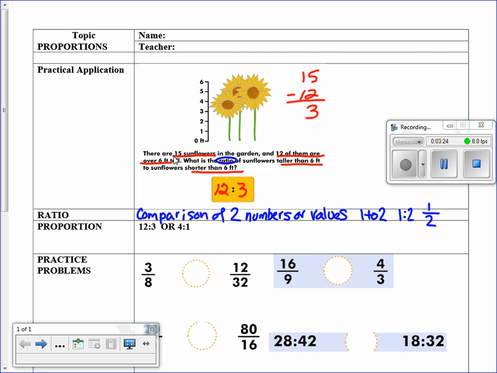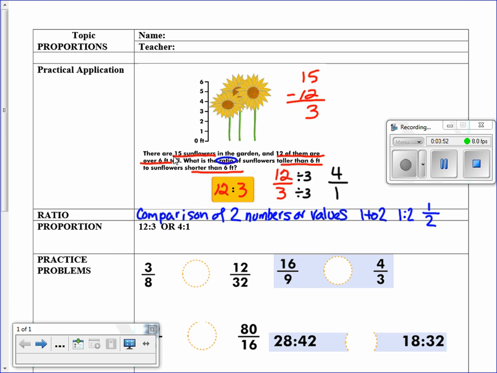But we don't want to leave our ratios that way, just like we normally don't leave our fractions without reducing them. So I'm going to rewrite my ratio as 12 over 3. And I know that I can reduce this by dividing the numerator and the denominator by 3, and I end up with 4 over 1.